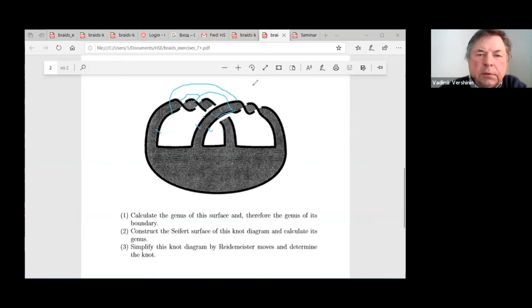Sorry. Yes, this line, no, this line still exists, this undercrossing, but this is overcrossing, right, overcrossing.